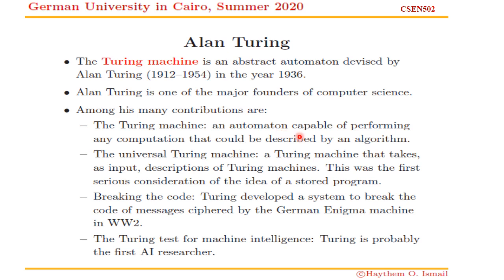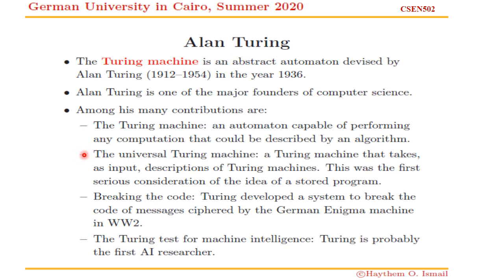So it's an automaton that is capable of performing any computation that could be described by an algorithm. We will never prove this, but that's basically what is called a thesis. It's called the Church-Turing thesis, that algorithms are nothing other than Turing machines.